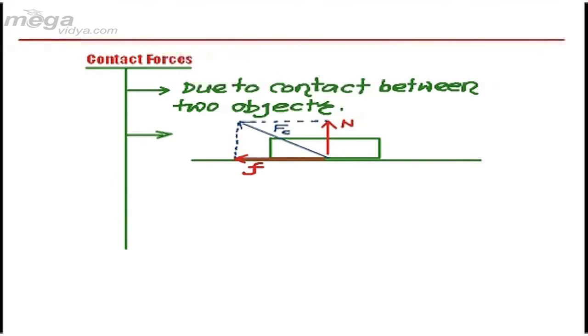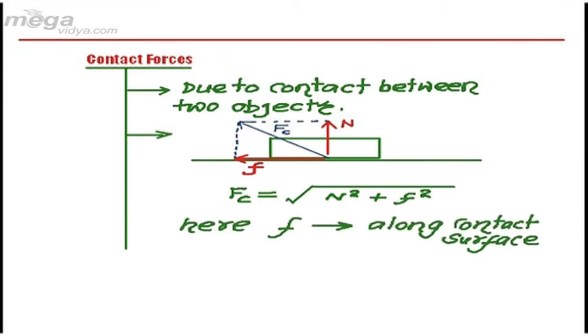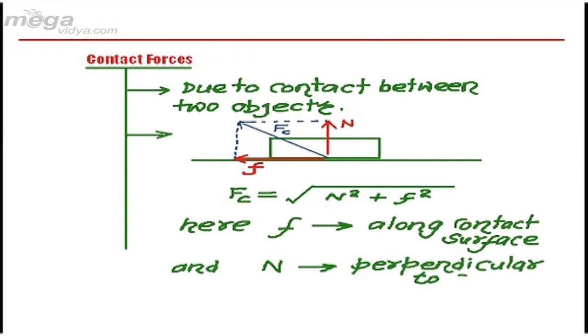So we can say that Fc is equal to the square root of normal reaction squared plus frictional force squared. Here the frictional force F is along the contact surface and the normal reaction acts perpendicular to the surface.